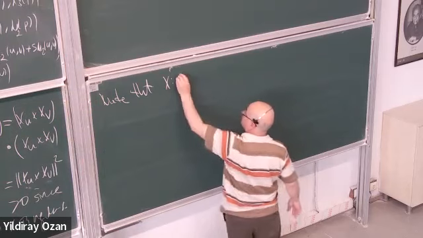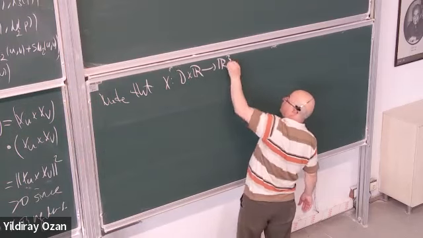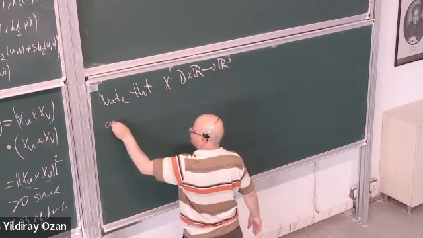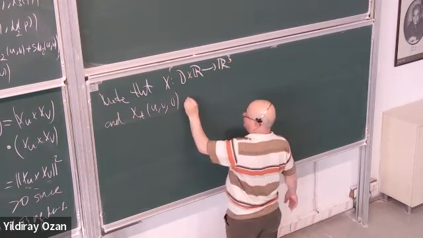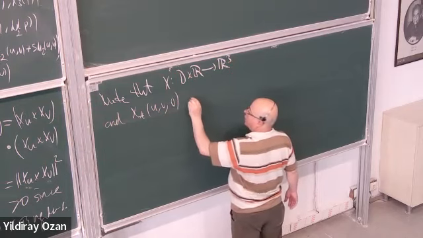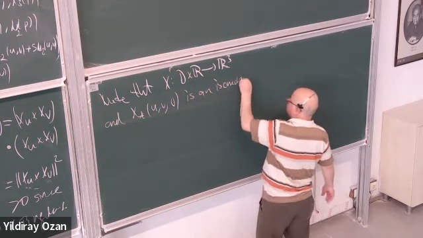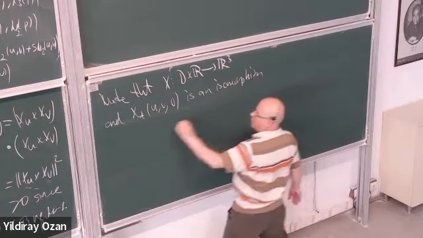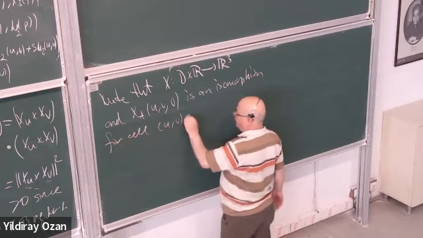So let's say this, and the derivative at (u, v, 0) is an isomorphism for all (u, v) in D.